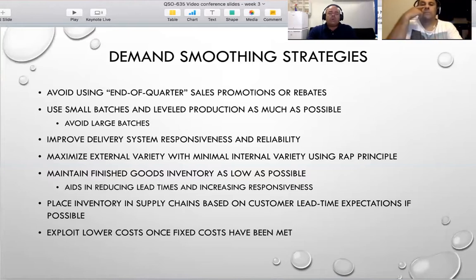A quick story, Campbell's Soup, this is a few years back. Russ Ackoff, he's one of my favorite thinkers, was a systems thinker. He had this story about Campbell's Soup where marketing had this really great idea to have a fall sale of cream of mushroom soup, half price.